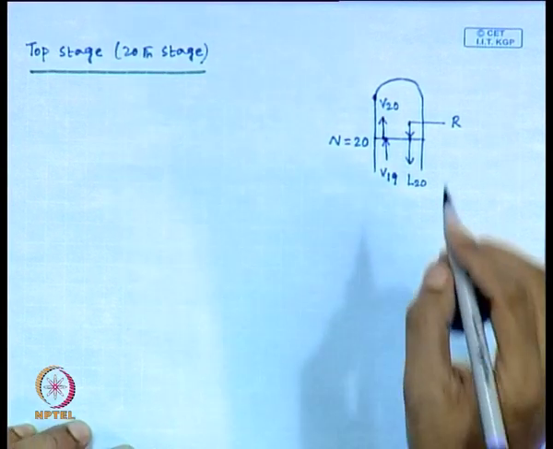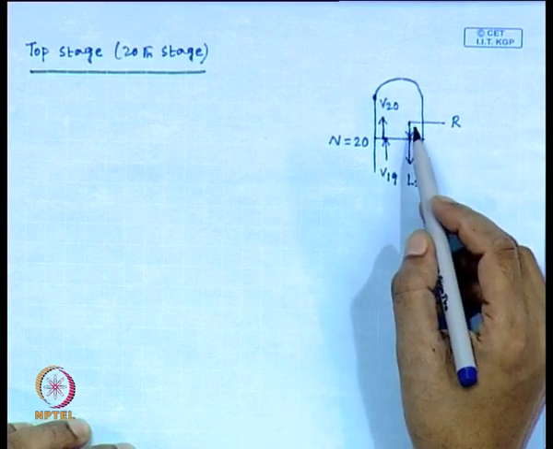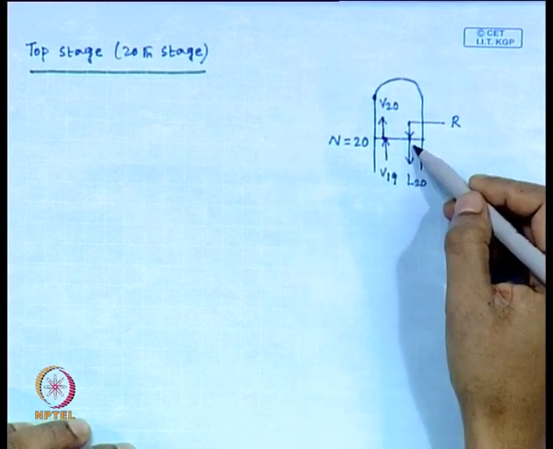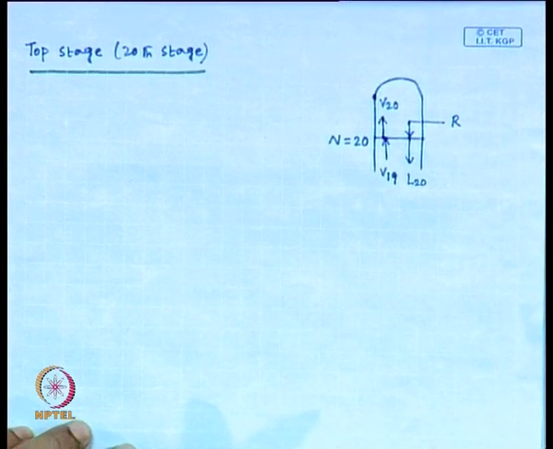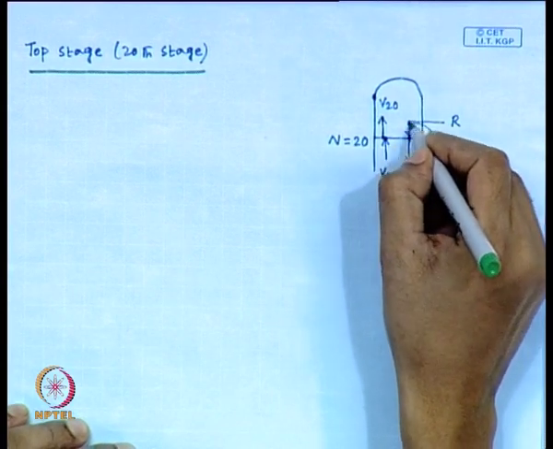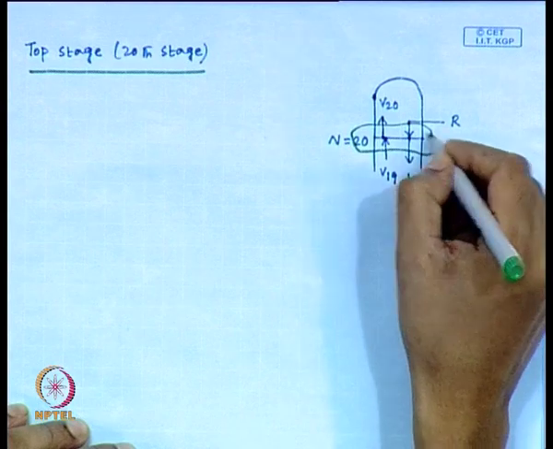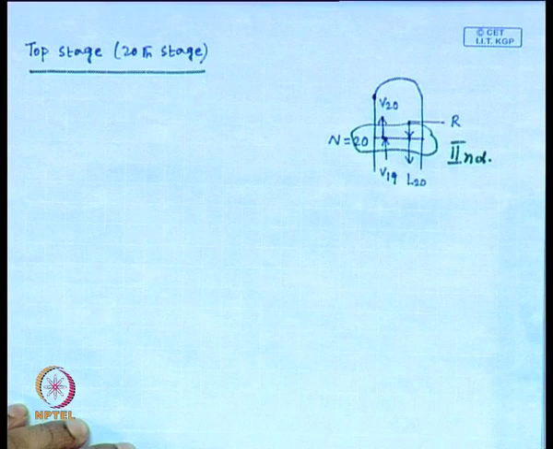So, incoming streams are V19 and R, outgoing streams are L20 and V20. So, this is the second envelope.